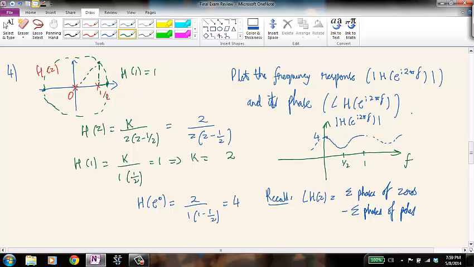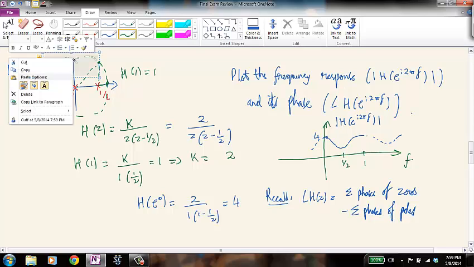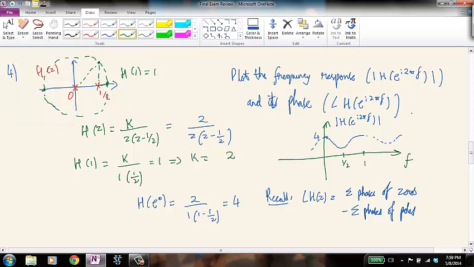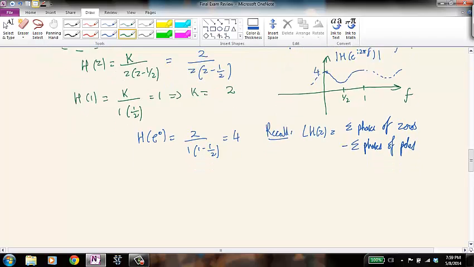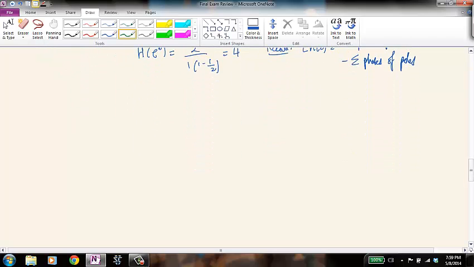Note that when you get to j, you're making an angle of roughly pi over 2 with both the poles, right? It's going to be a bit more than pi over 2 because this one here makes an obtuse angle. So you're going to have something that's like negative pi, roughly. Okay, so maybe you should think about that some more. But I'll leave that as an exercise, and you can ask us later if you have questions.